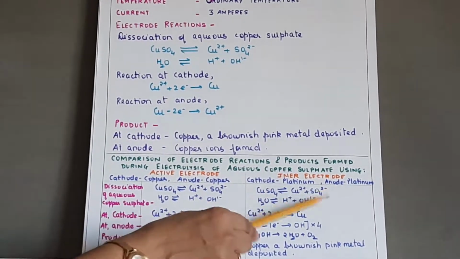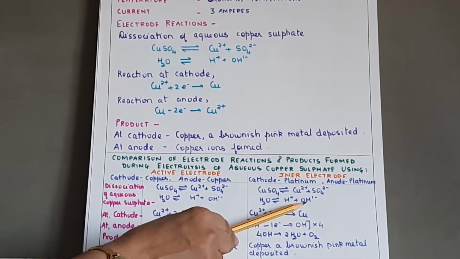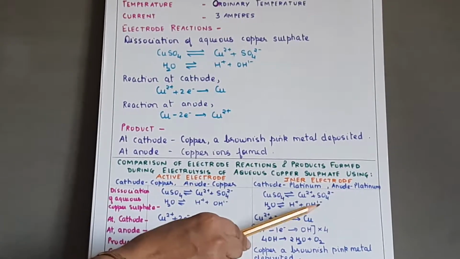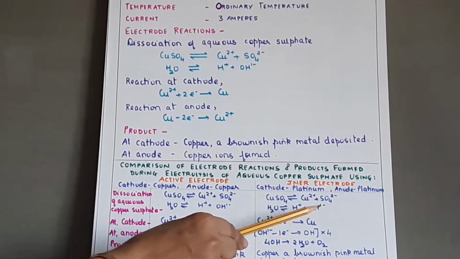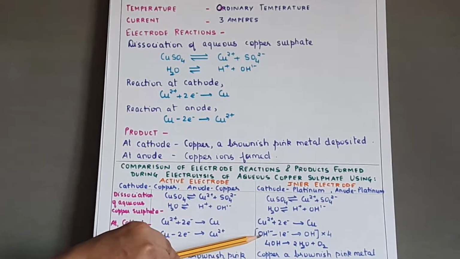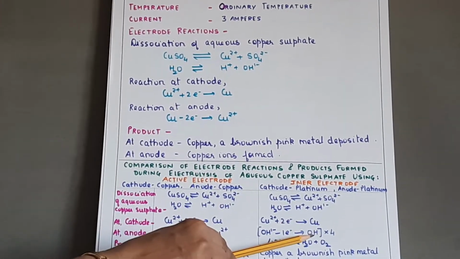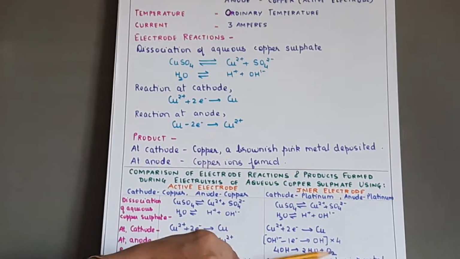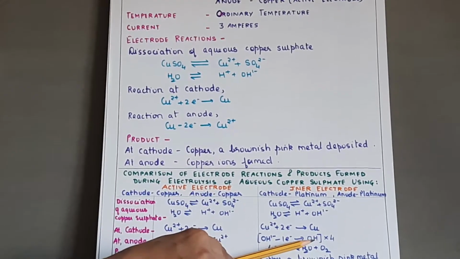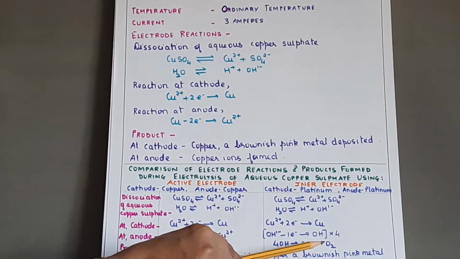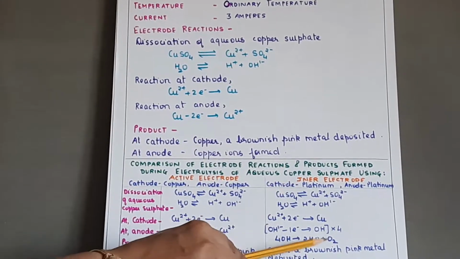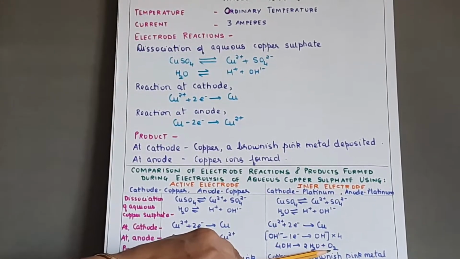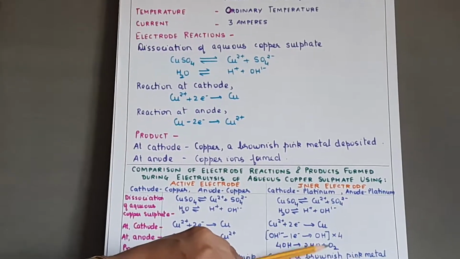Inert. So now sulfate ions and hydroxyl ions both will migrate to the anode, and which will get preferentially discharged? Hydroxyl. So the hydroxyl ions will lose electrons and will form the hydroxyl, which will ultimately form water and oxygen, because this is highly unstable. So at anode, when you are using platinum electrode, you are getting oxygen. Okay, so that is the difference in the products formed.